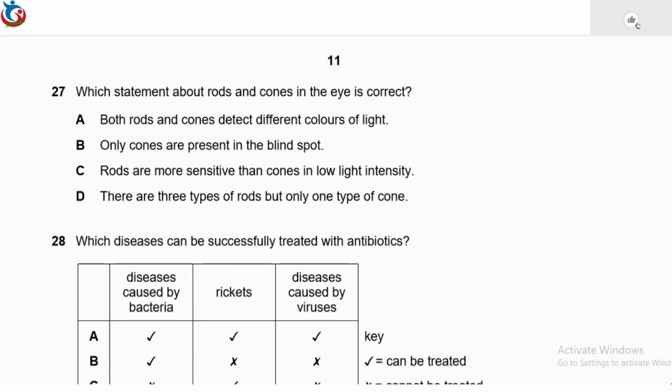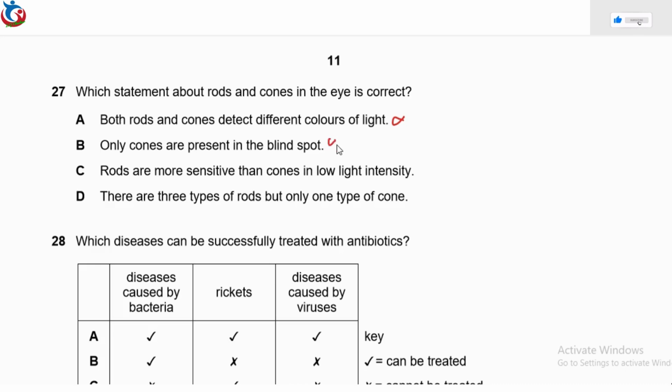It says, which statement about rods and cones in the eye is correct? First of all, the cones are responsible for detection of colors. So with that understanding, both rods and cones detect different colors? No, but the cones do. Then only cones are present in the blind spot.